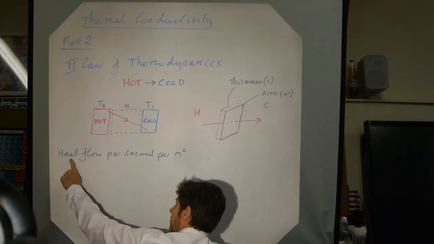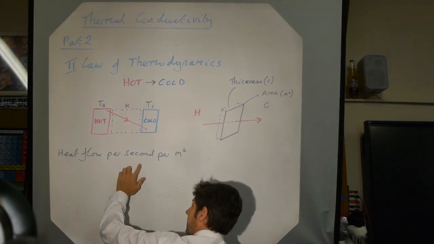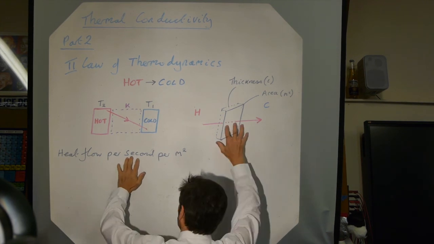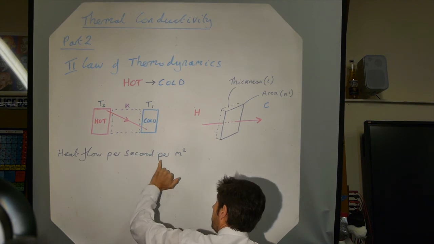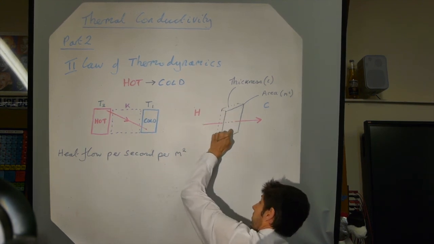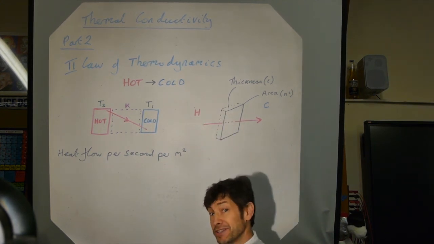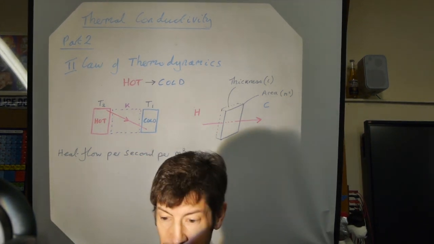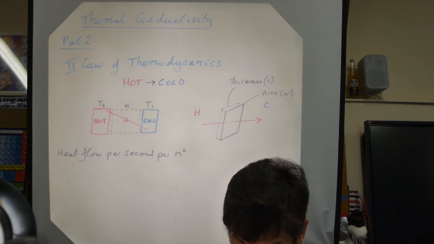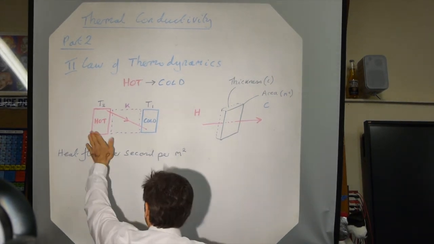So if you think about that, the joules flowing per second through this, the watts. Okay, so the watts per metre squared of material. So how much energy flows per second through 1 metre squared of material. Now, what's that going to depend upon? Well, it's going to depend upon the temperature difference.